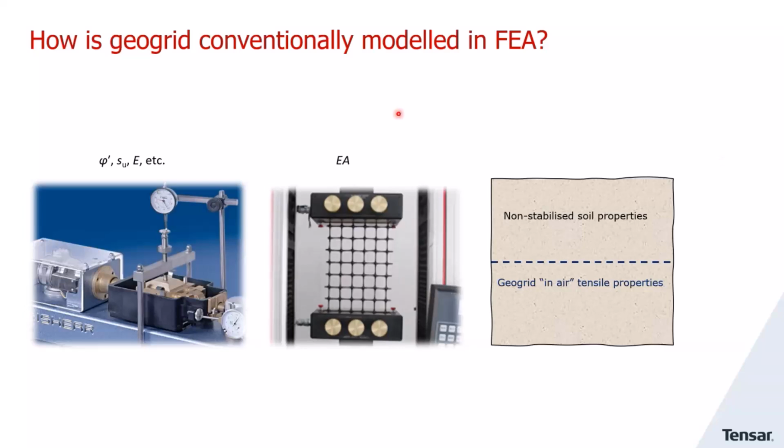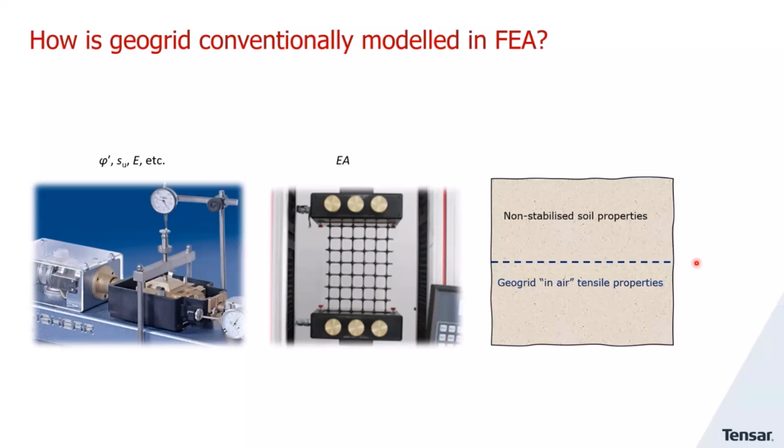Usually this is expressed as a stiffness value, EA. And while modeling the influence of a geogrid in a structure or a working platform using finite element modeling, we can model the layers as a separate entity and put in a geogrid as a separate entity.